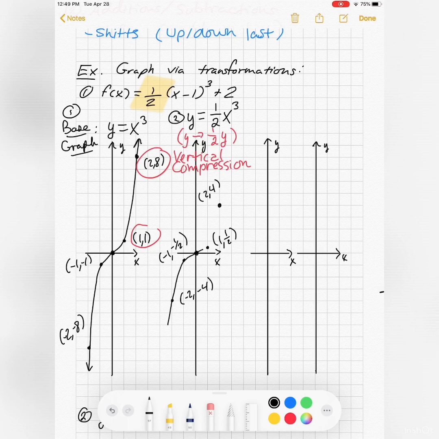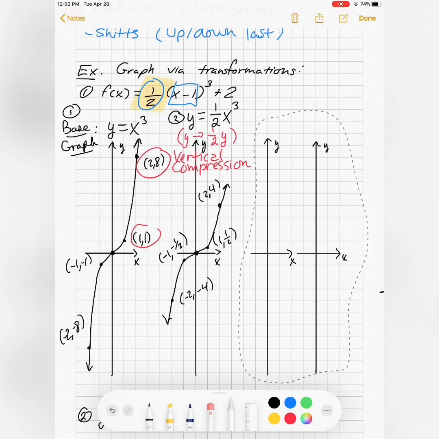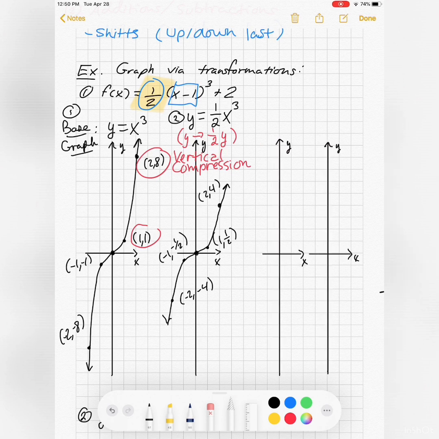Okay, so vertical compression. That guy's been smushed down. Okay, so now I've accounted for that, the only multiplication there. So now I go ahead and start working on the additions and subtractions. So the next thing I'm going to do is account for that -1 on the inside.